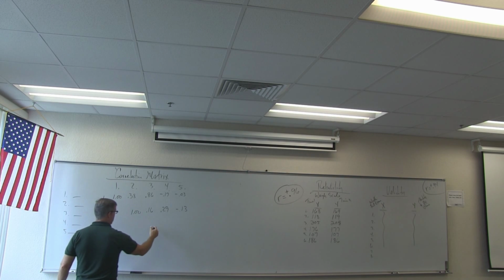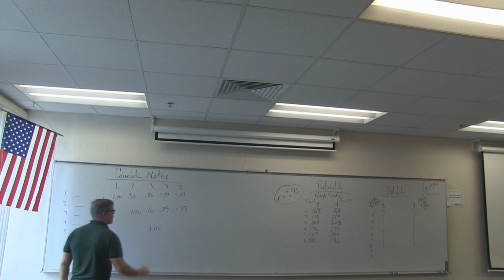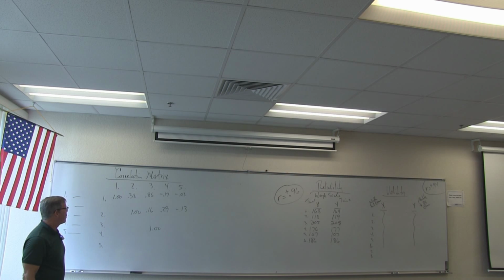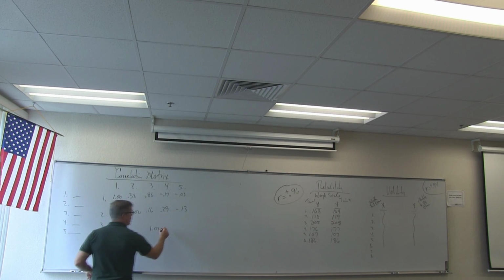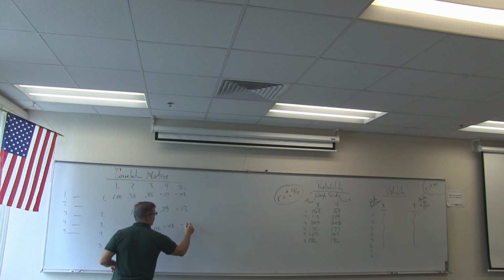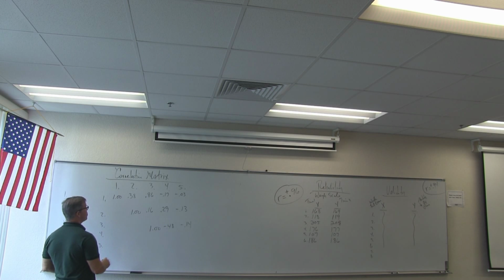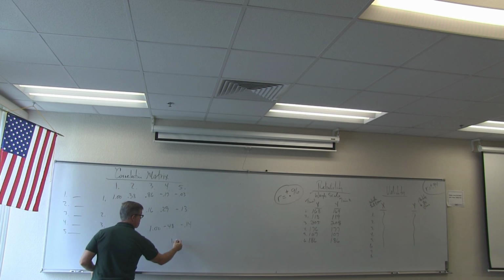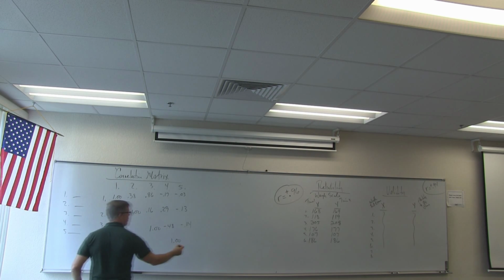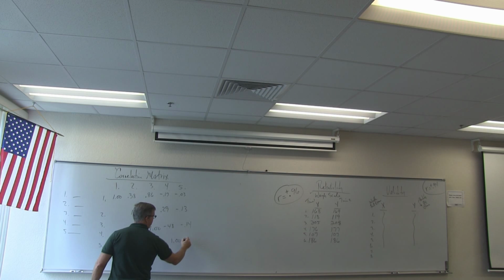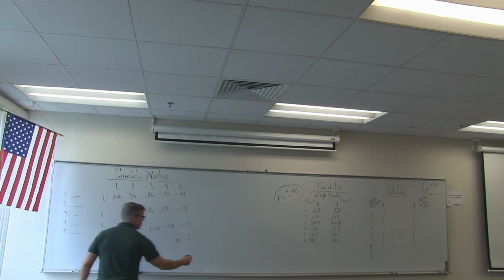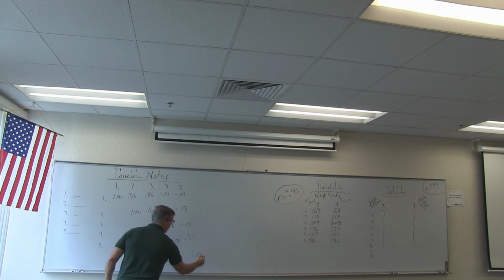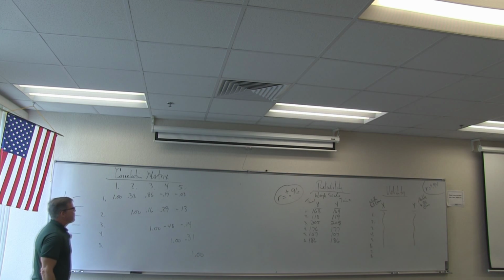The correlation between 3 and 3 is 1 because it's the same data. 3 and 4, negative 0.48. 3 and 5, negative 0.14. The correlation between 4 and 4 is 1. 4 and 5, positive 0.31. And the correlation between 5 and 5 is 1 because it's the same data.